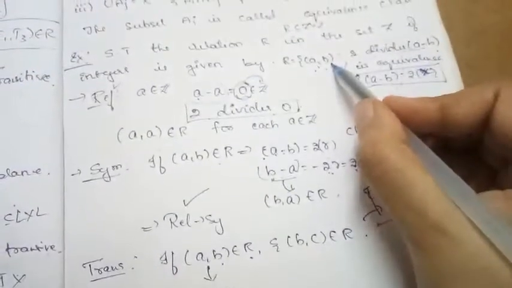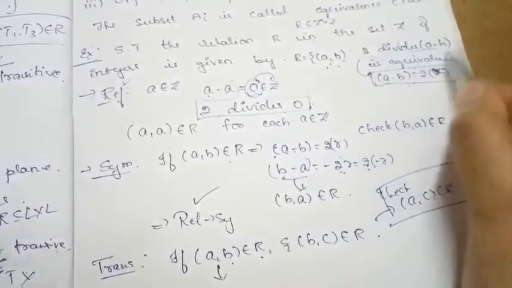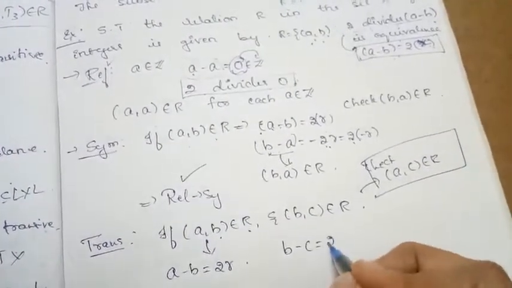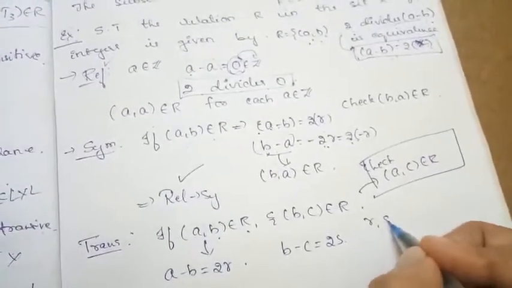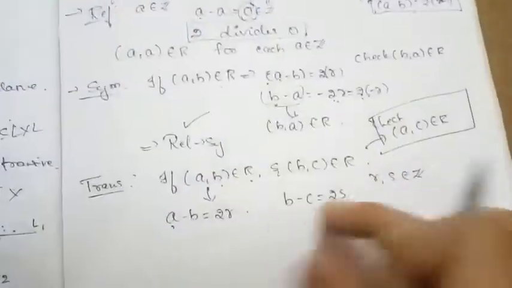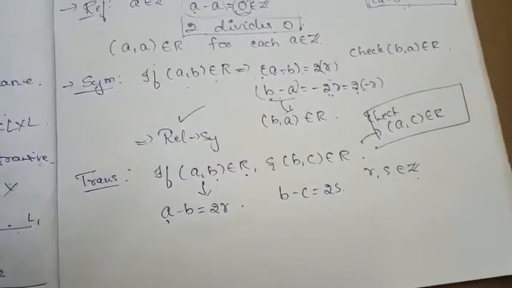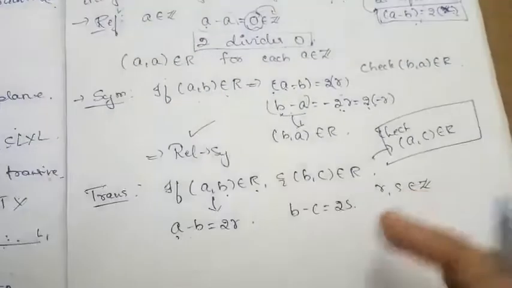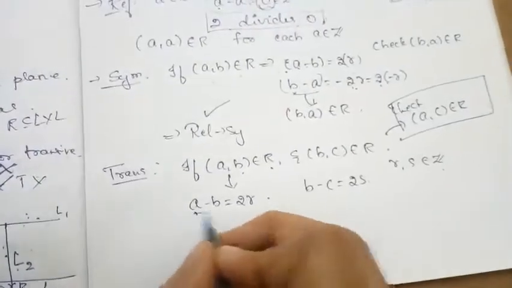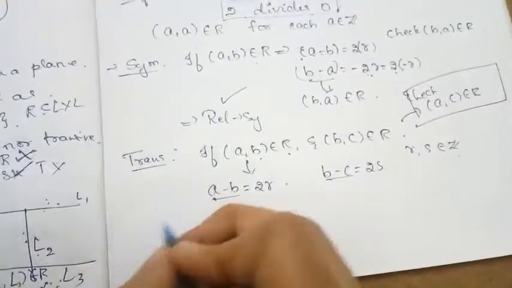So (B, C) belongs to R means 2 divides B minus C. That is nothing but B minus C is equal to 2 into s, where r and s belong to the integers, let it be Z. So we got A minus B is equal to 2r, B minus C is equal to 2s. Clearly both A minus B and B minus C are integers, so I can add them.